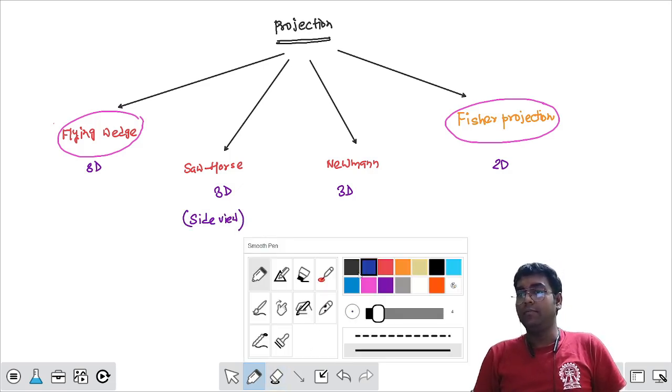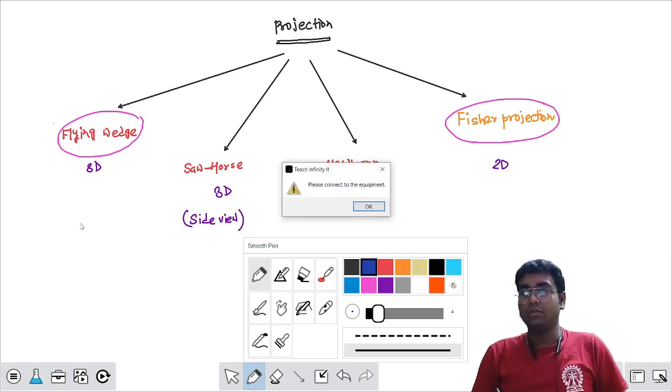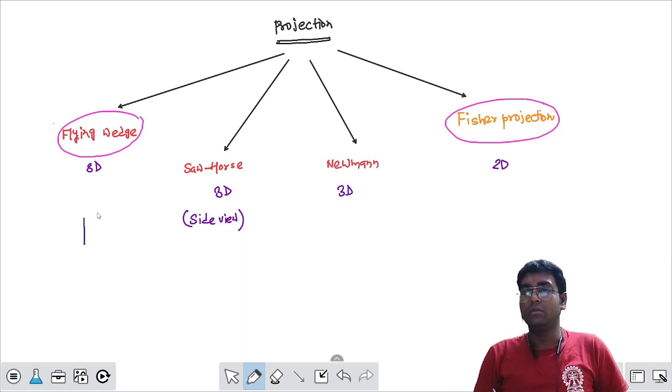So let me give an idea. Flying wedge representation we have already seen in case of tetrahedral molecule, that dash wedge representation was the flying wedge projection. Okay, so flying wedge is the projection and dash wedge was the representation. Okay, so let's suppose this is CH3, C, and this is Br.